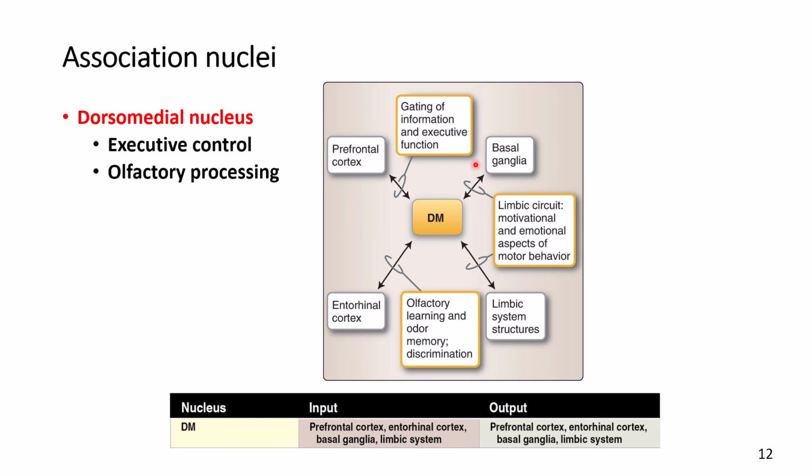It's also part of the executive function, which I talked about before, like paying attention and planning, problem solving and working memory, all those things are part of the executive function. And all of these areas are bilateral connections. So the dorsomedial nucleus has bilateral connections with the prefrontal cortex, entorhinal cortex, basal ganglia, and the limbic system. It's a bilateral communication.